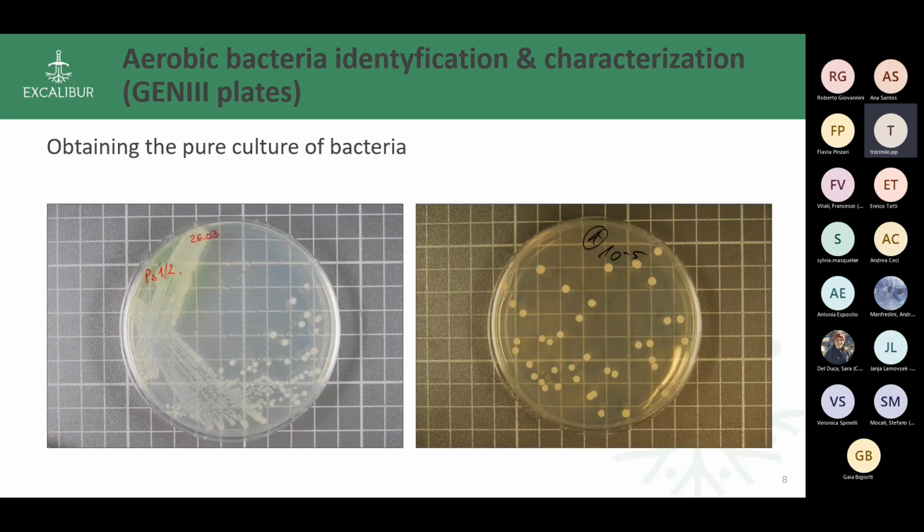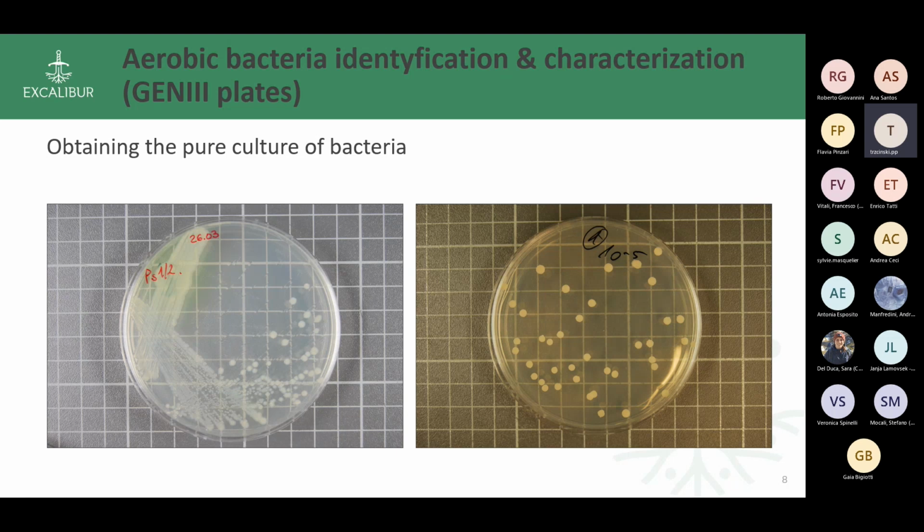First of all, obtaining the pure culture. Streaking is a very common technique, but sometimes we will obtain a mixture of very similar colonies. The other technique is spread plating of the bacterial inoculum.